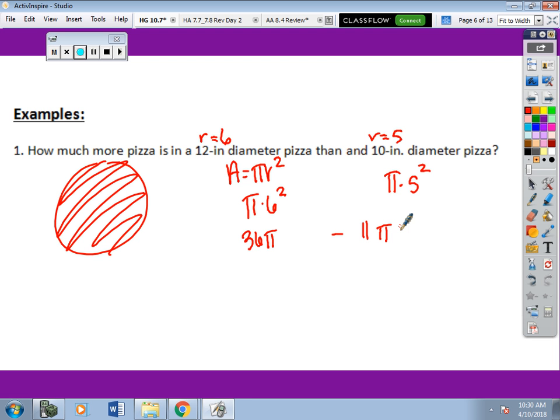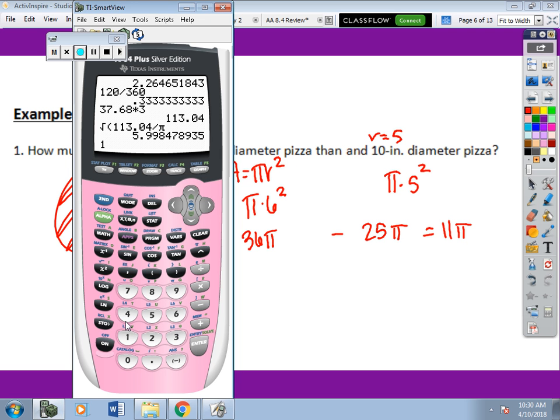That would be incorrect. It would be 11 pi. Sorry, I was kidding. 11 pi. So when you multiply 11 times pi, it would be approximately, you can use the pi key, or you could use 3.14.